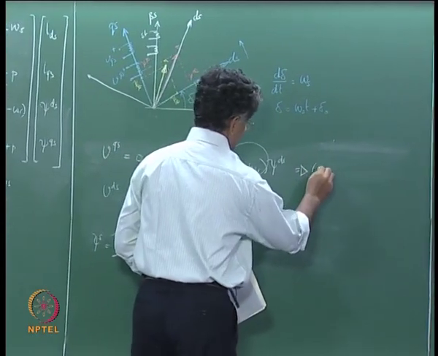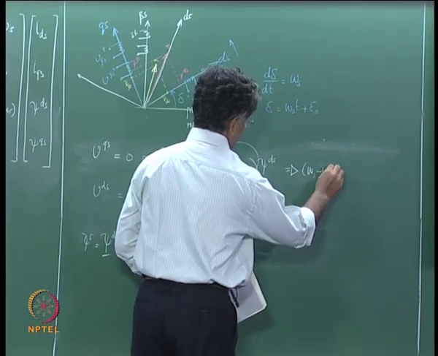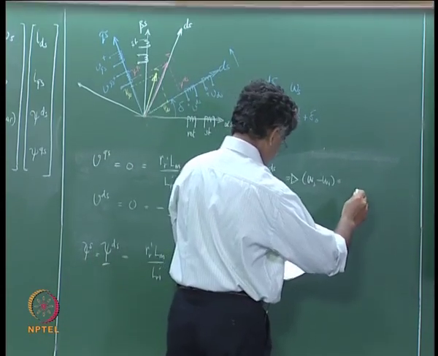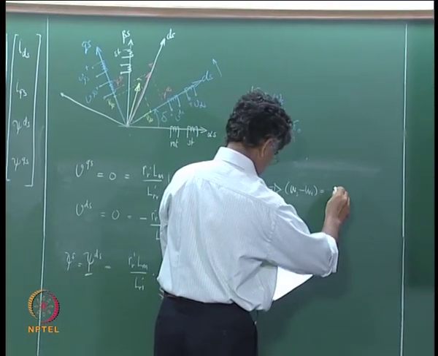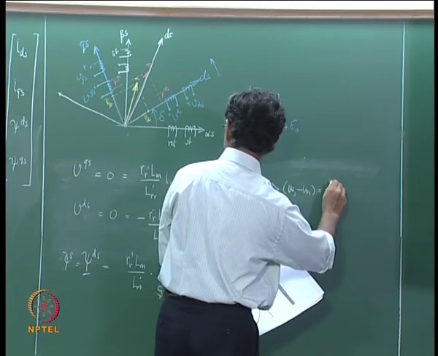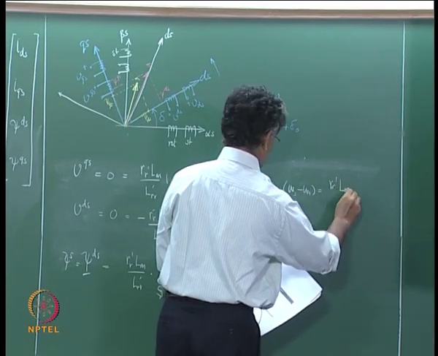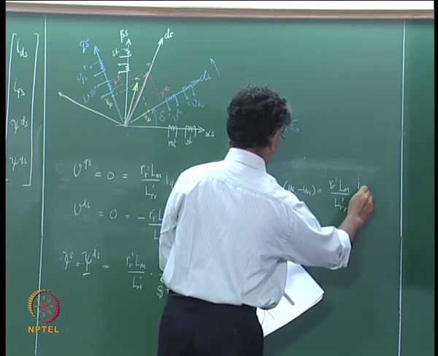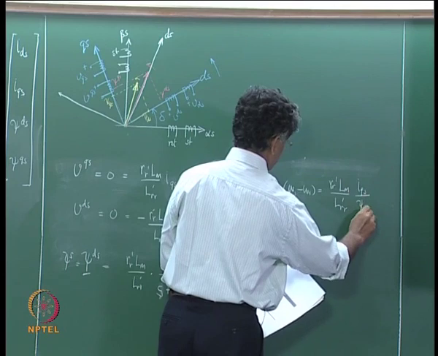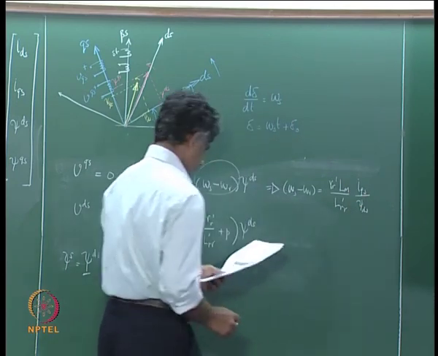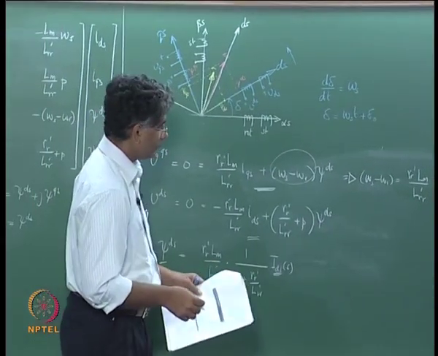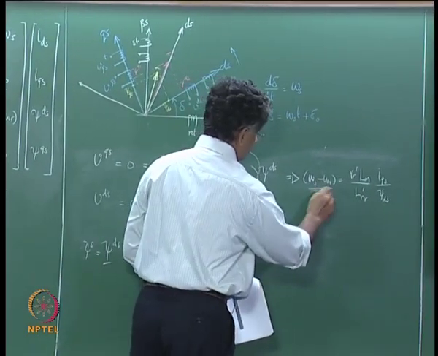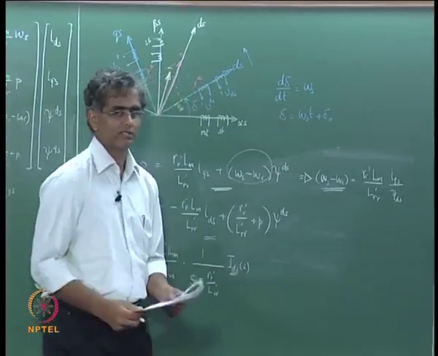This says that omega s minus omega r should then be equal to RR dash LM by LRR dash into IQS by psi ds. So, this in turn is nothing but the slip.